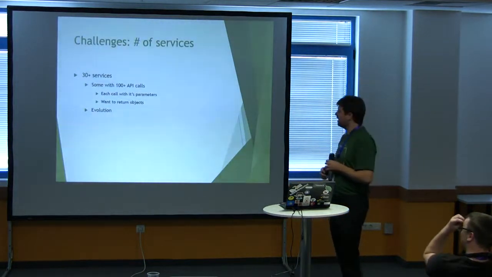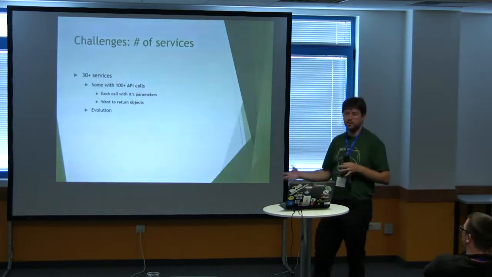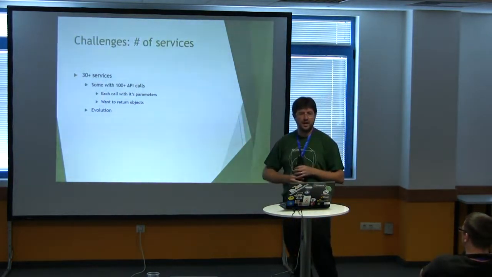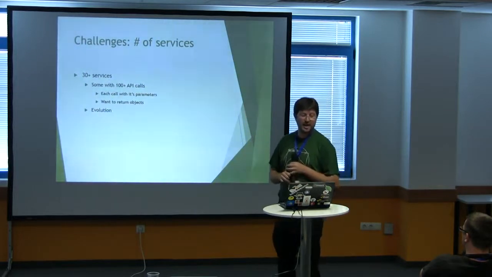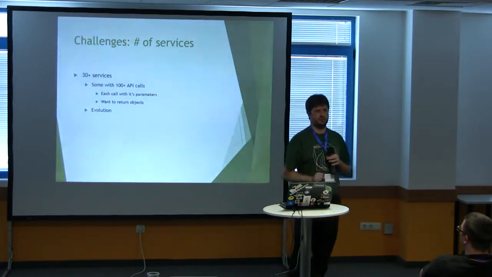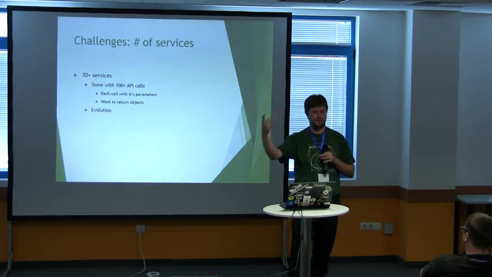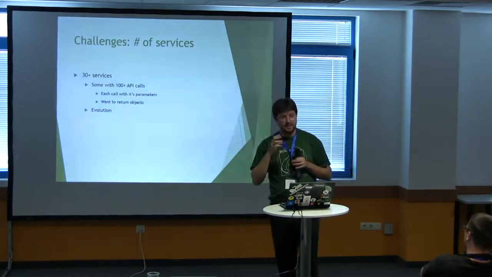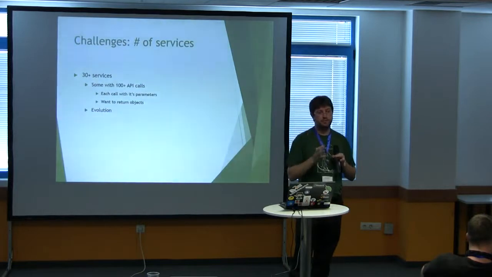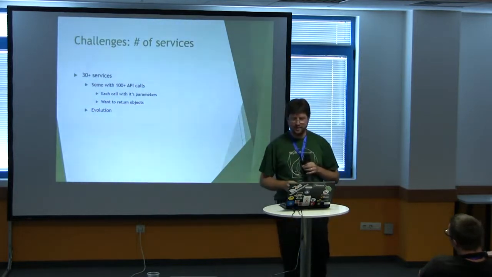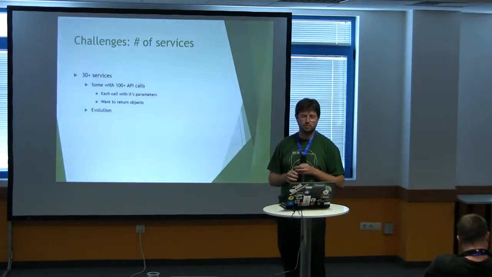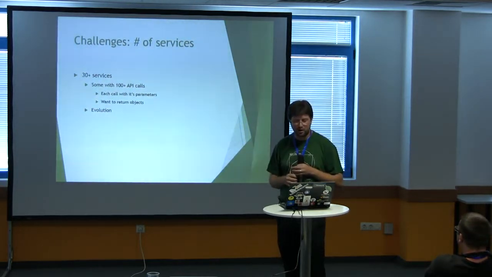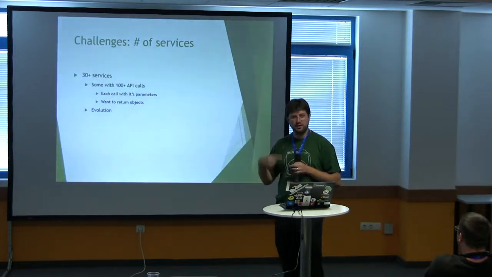The thing is that AWS, I've already told you, has 30+ services. Some of those services have over 100 API calls, 100 methods. Each call has its parameters, so string, boolean, and so on. And each call returns some type of objects. And doing this one time maybe would be a hard task, but it's even harder when they're constantly adding stuff.